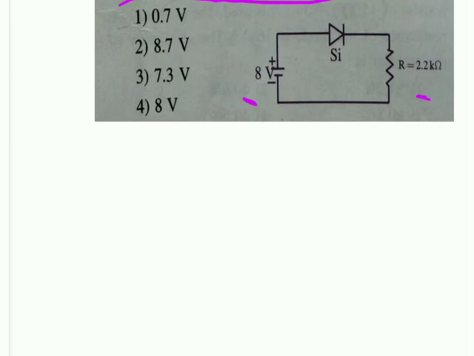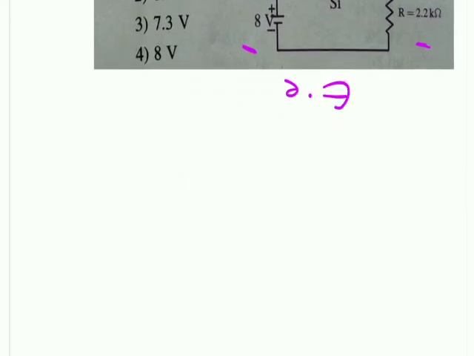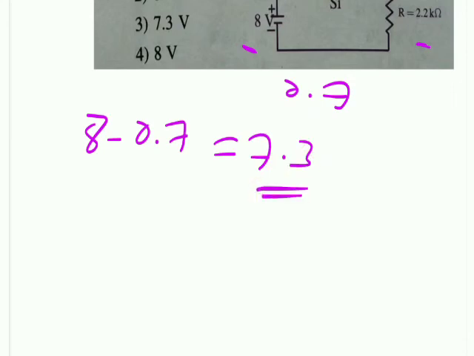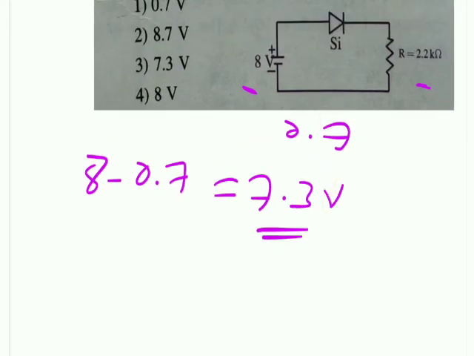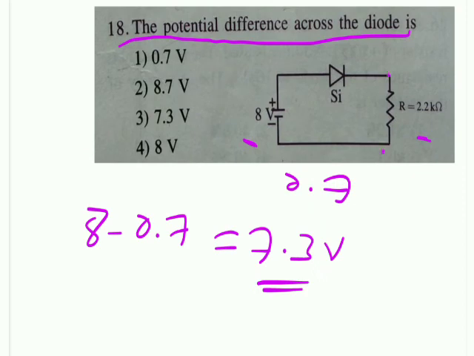Here, applying the silicon potential barrier of 0.7, the potential 8 minus 0.7 is equal to 7.3 volts. So between these two points, he is asking the potential difference across the diode.